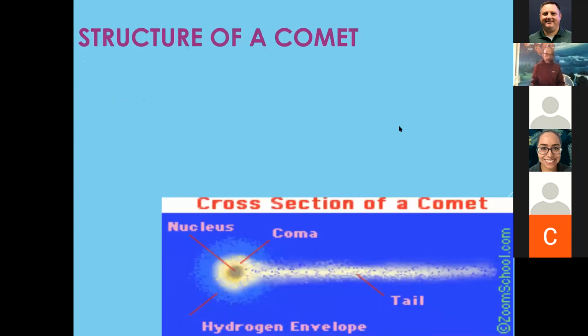The structure of a comet is this: the nucleus, which is the very center, the coma, which is the outer layer of the nucleus, and then we have what we call the hydrogen envelope, which is the very outer layer of the nucleus. And then we have the tail.